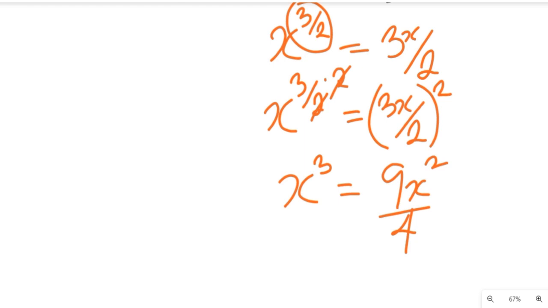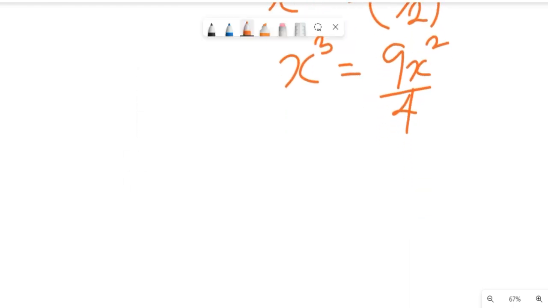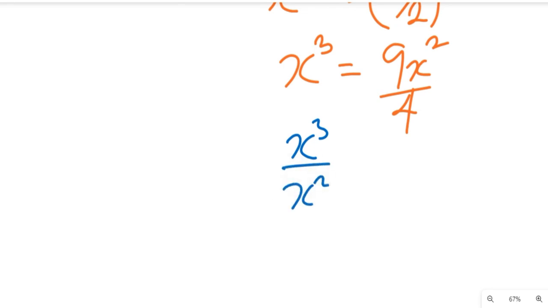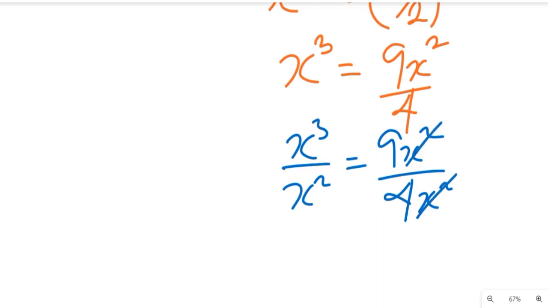So having done this, we see that x squared and x to the power of 3 have a common factor. So what we'll do is divide both sides by x squared. If we divide both sides by x squared, we'll have x to the power of 3 divided by x squared equal to 9x squared divided by 4x squared. So x squared will clear x squared.